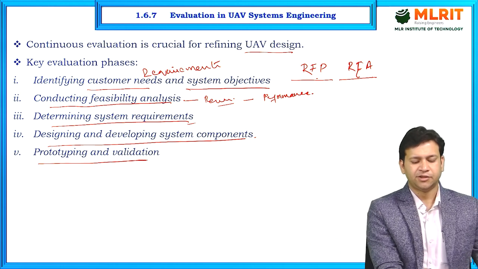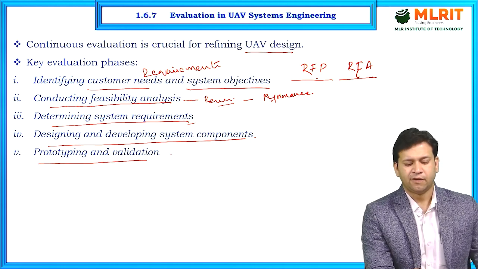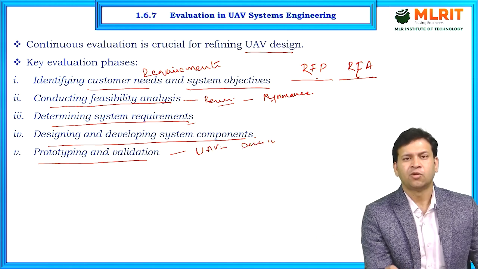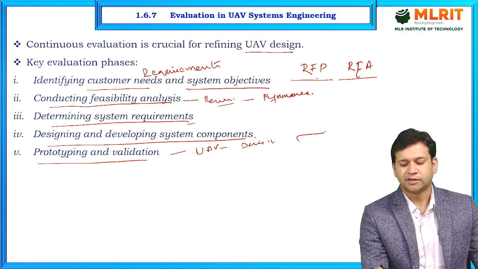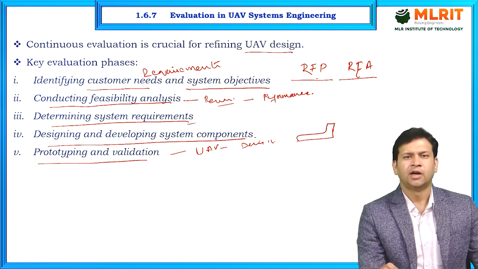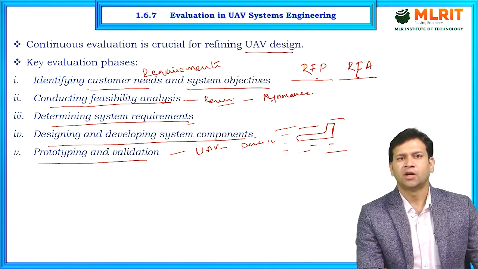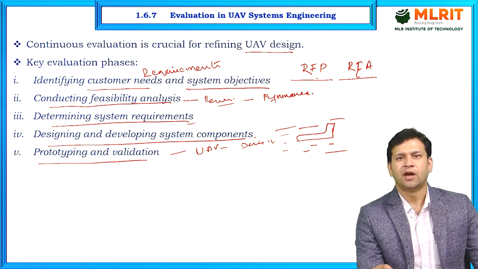Prototyping and validation. This is the final phase of our UAV design, where after the designing, a prototype model is tested at various conditions in the wind tunnel, like how it responds to the ambient conditions.